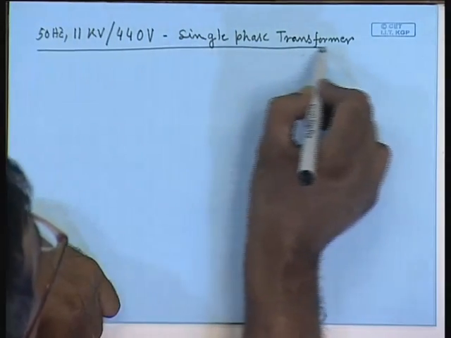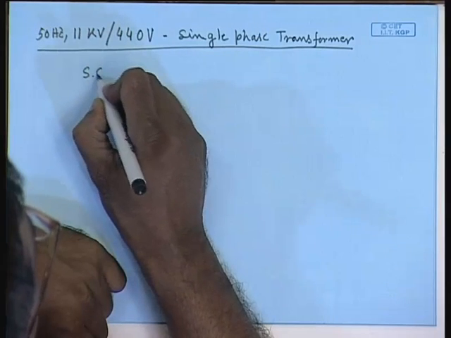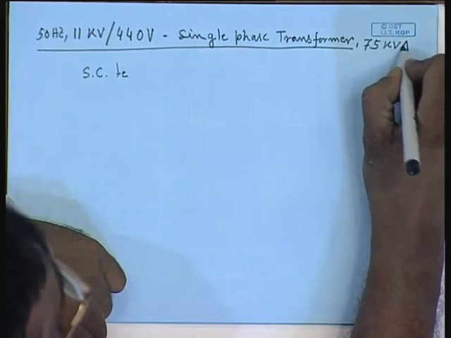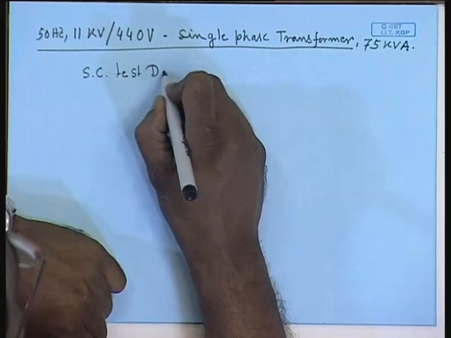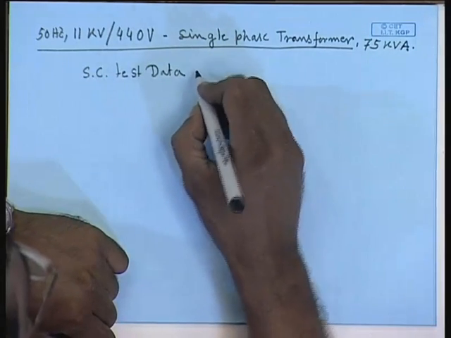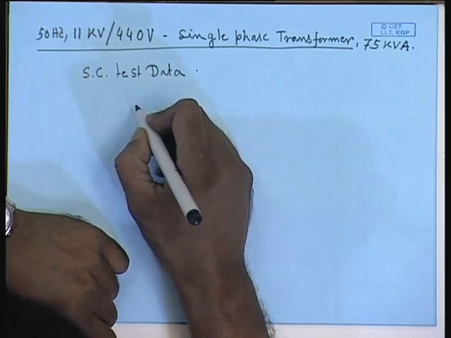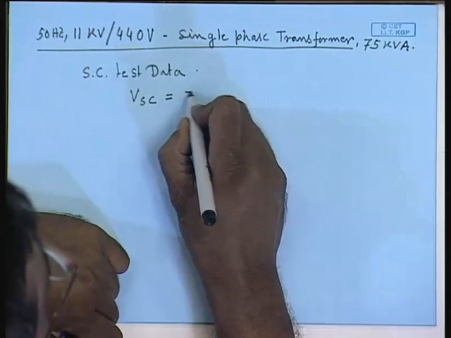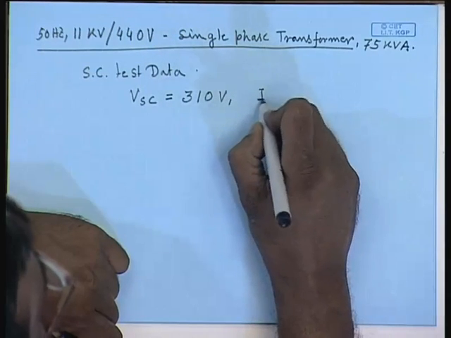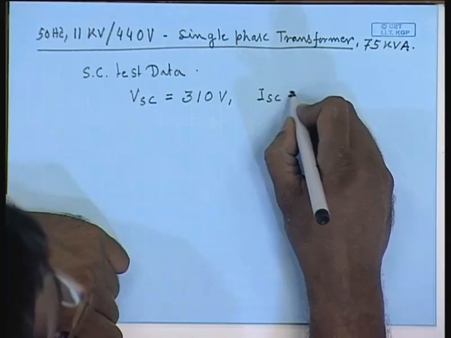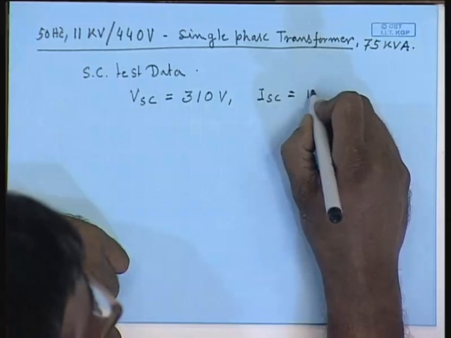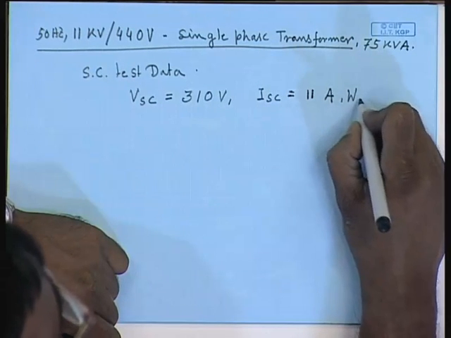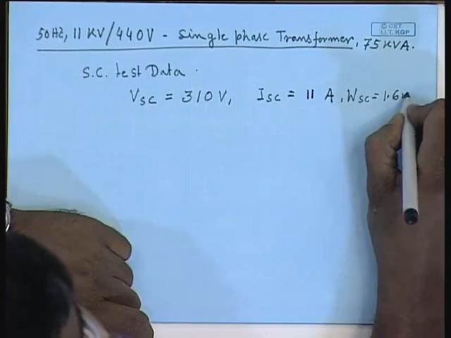This transformer, from the short circuit test data, gave the applied voltage VSC equal to 310 volts, ISC equal to 11 ampere, and WSC equal to 1.6 kilowatt.